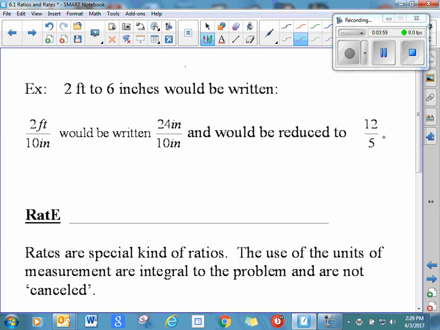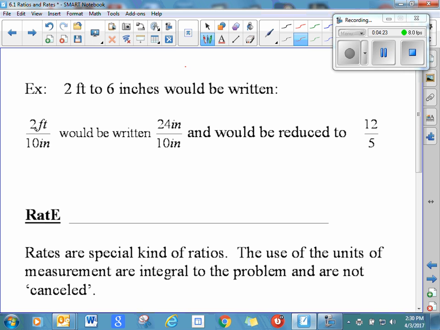All right, let's look at the next page. Here's one that's interesting, and we're actually going to go back and do some more conversions like we did earlier in the year. If you have the opportunity to have the same unit, but you don't have the same unit, you need to convert. And then that would be considered simplified. So 2 feet to 10 inches, well, feet and inches are not the same unit, but you could make them the same unit.